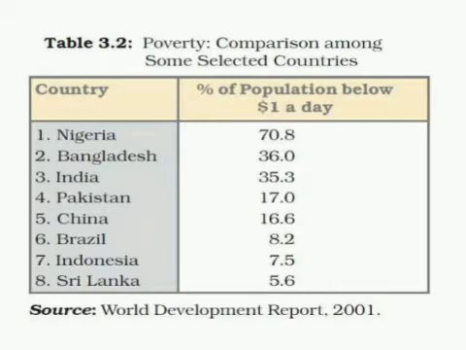In Africa, we generally see that the poverty ratio is very high compared to the other countries. So, we can conclude that poverty ratio is different in different countries, as well as within the country there are regional differences in the poverty ratio.